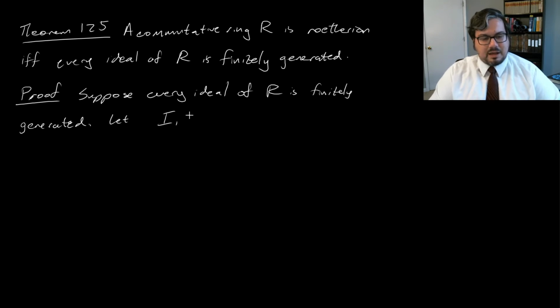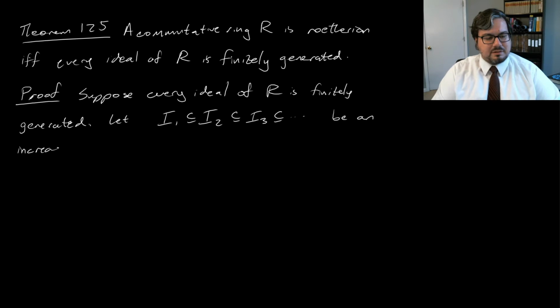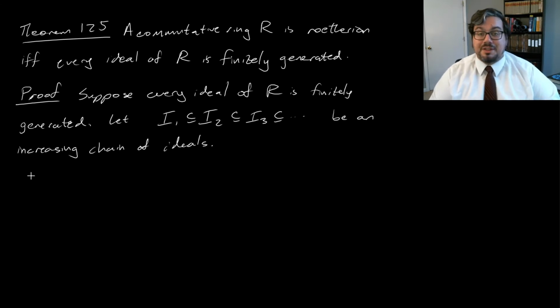So let I1 contained in I2, contained in I3, etc., be an increasing chain of ideals. And we're going to try to show that this has to eventually stabilize, that there's some point in the sequence after which all of the ideals are the same.